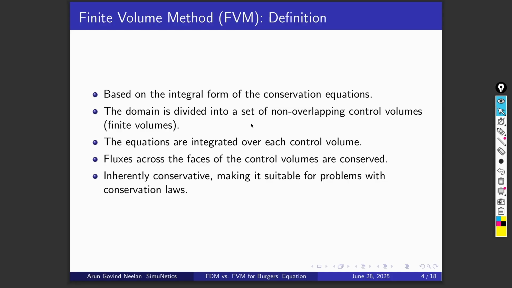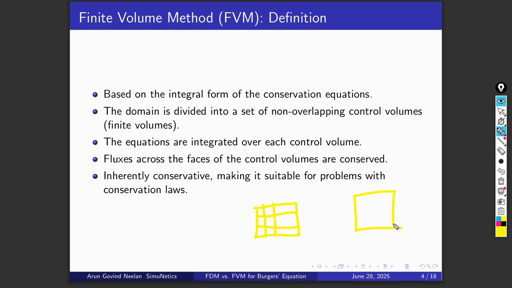Here we will divide the domain into small control volumes. In the previous procedure, we saw that if we have a domain like this, we divide it into grids like this. In the finite volume method, we can also call this a control volume, but it has a relatively bigger advantage.